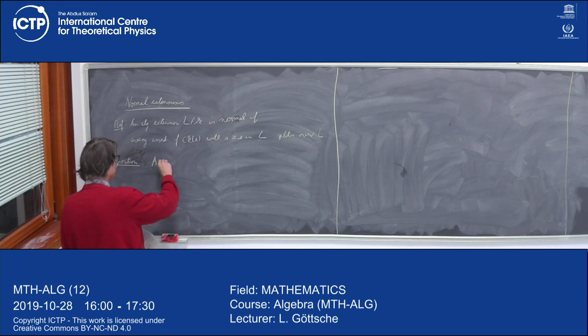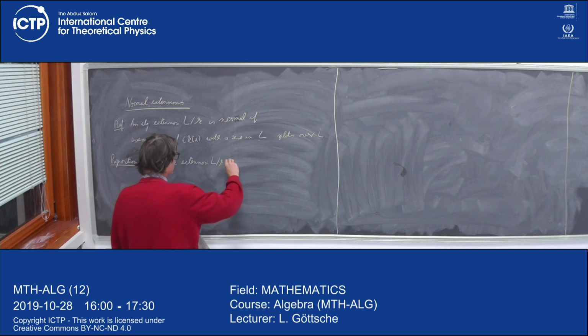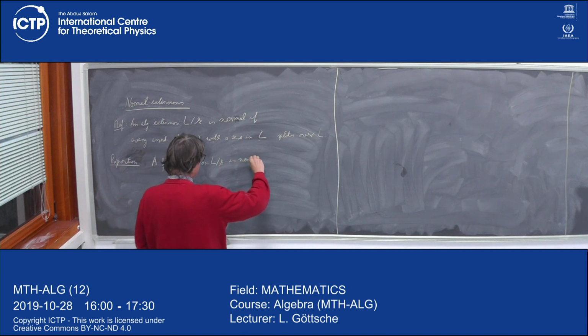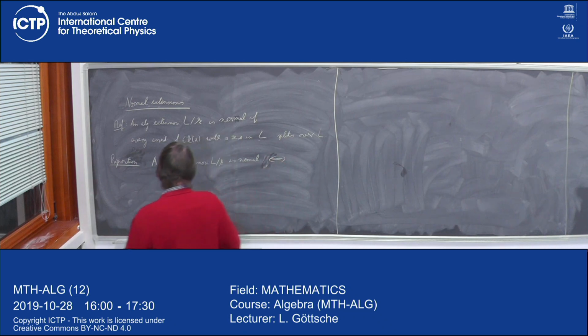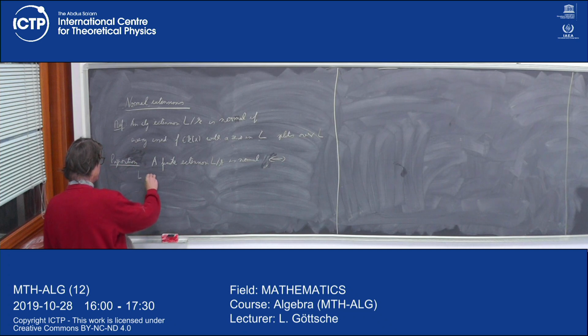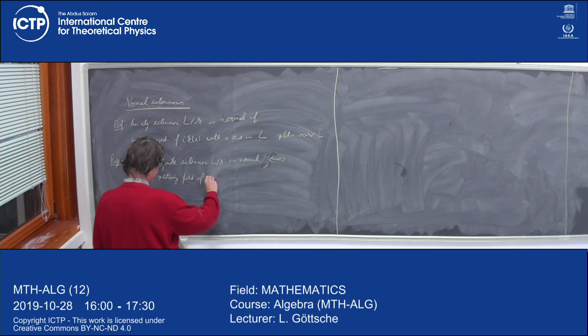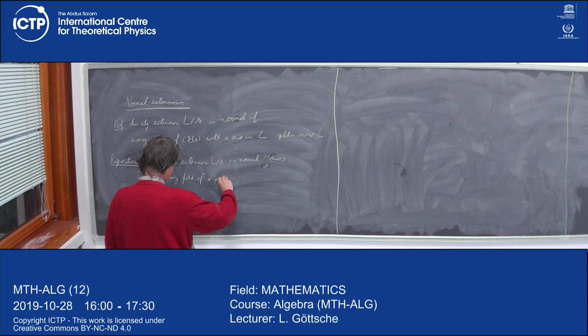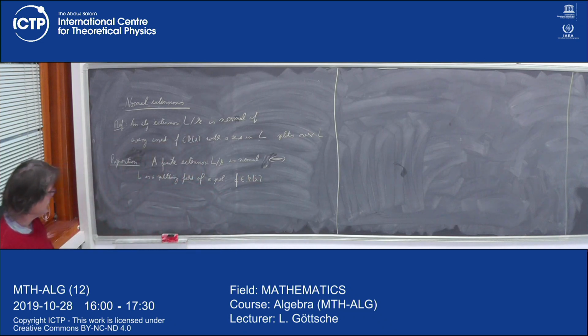So, finite extension L over K is normal if and only if L is a splitting field of a polynomial f with coefficients in K.